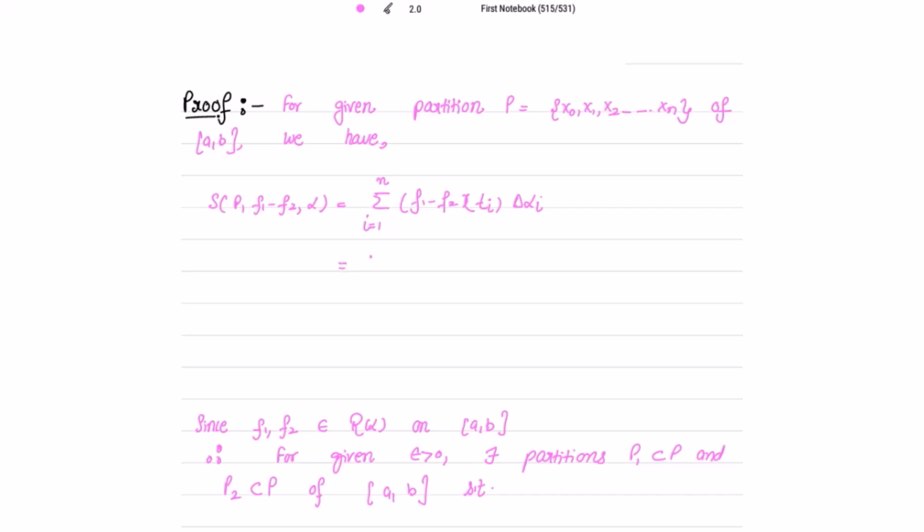So this is equal to the summation of f1(t_i) Δα_i minus the summation, i going from 1 to n, of f2(t_i) Δα_i. This difference depends upon this t_i, and Δα_i is multiplied with this function. So this is nothing but your S(P, f1, α) according to the definition, and this is S(P, f2, α).